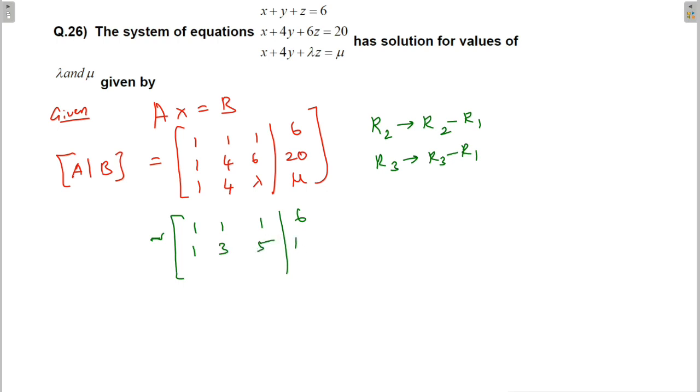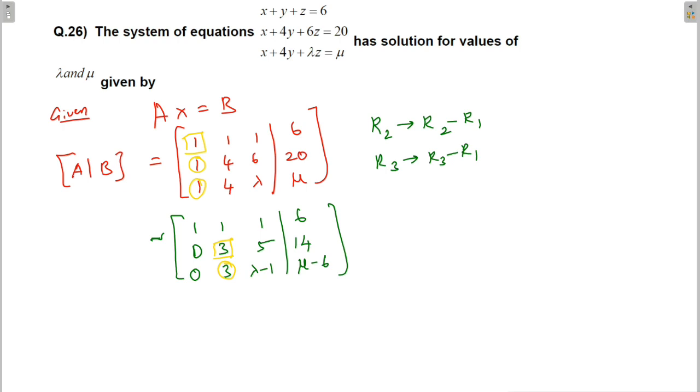5, 14, 0. If you subtract, you get 3, lambda minus 1, mu minus 6. Again, by using this concept you have to make this 0. By using this value try to make this 0.